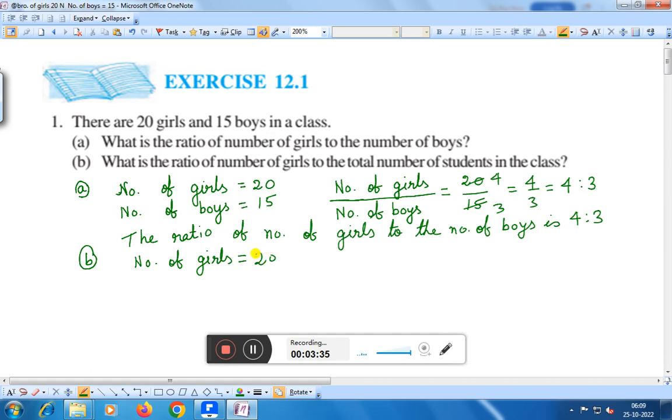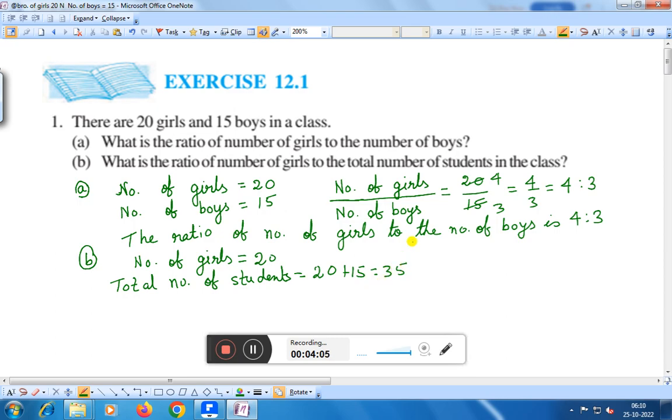We have to find the total number of students. Total number of students is equal to number of girls plus number of boys, that is 20 plus 15, that is 35.